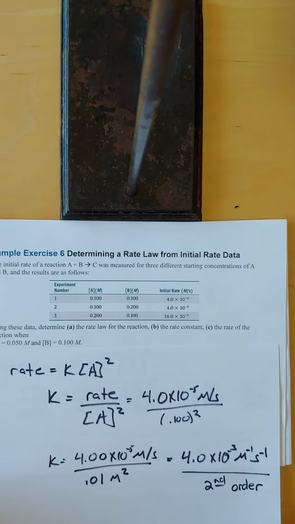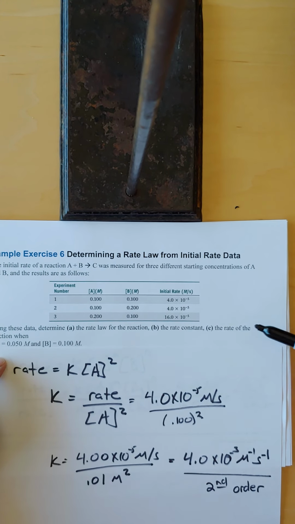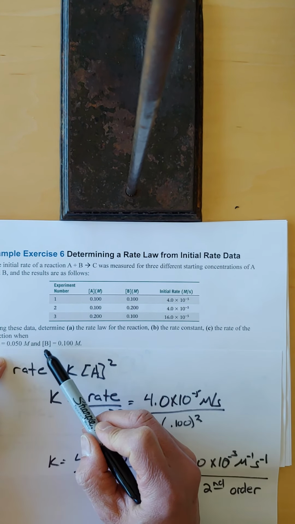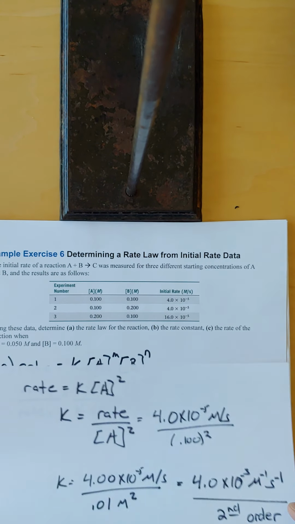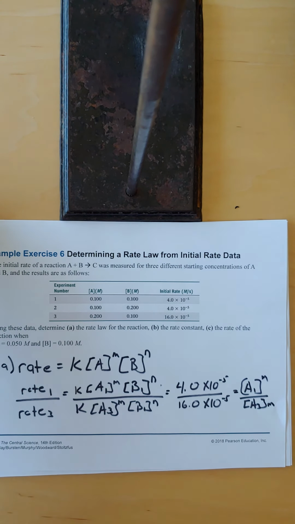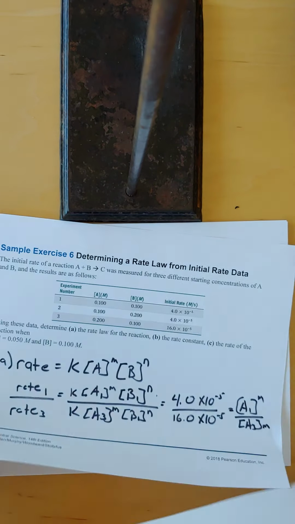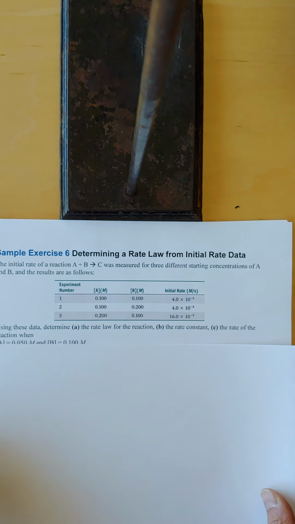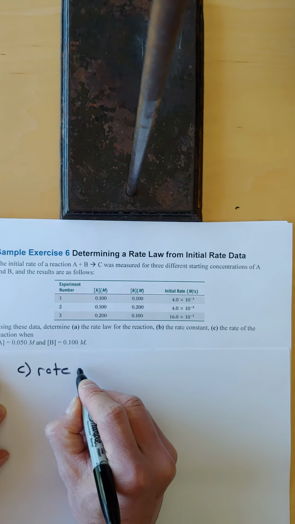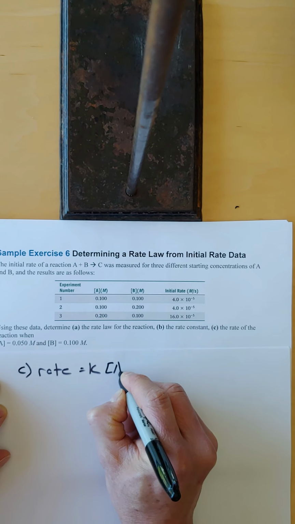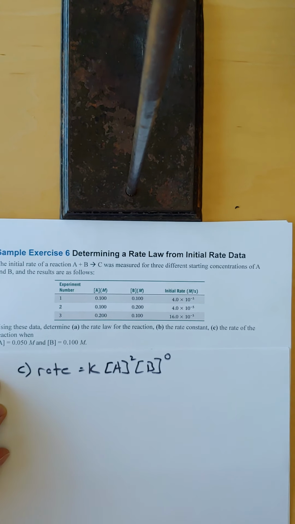Now, lastly, they want us to figure out what is the rate of the reaction when A equals 0.05 and B equals 0.1. Well, for this we would just plug the values we were given into our rate law. So for part C, rate equals k times the concentration of A squared times the concentration of B to the 0.